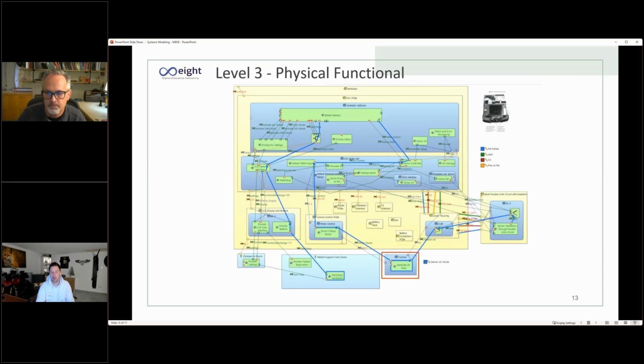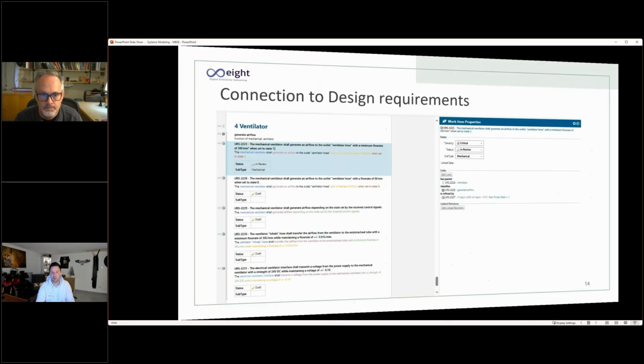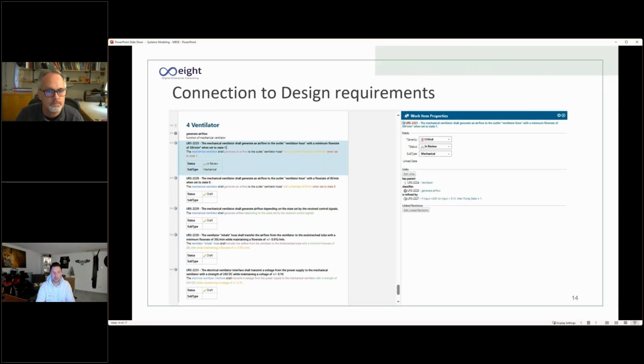We're going to see Polarion now, and you see on the top the function that generates airflow, and then the requirements under it, which are written against the output of the function. For example, this requirement is written against the minimum flow rate, and you have to define the flow rate so that it's testable.